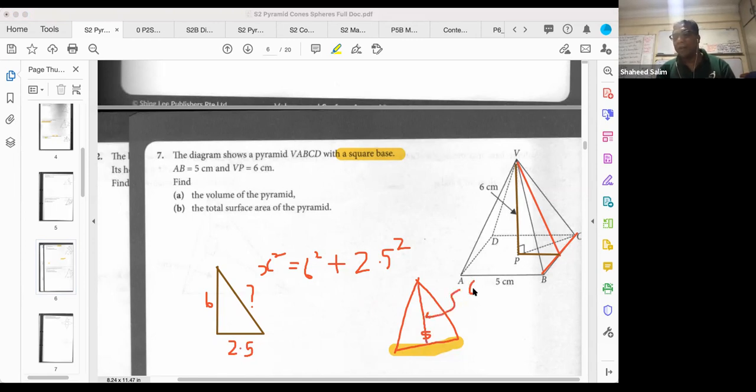Now you can find the area of one triangle. Can you find the area of one triangle? This one is 5, yeah? Is it 16.25?